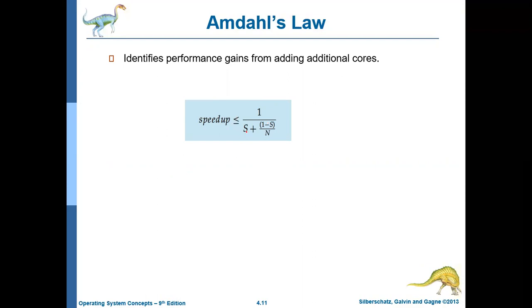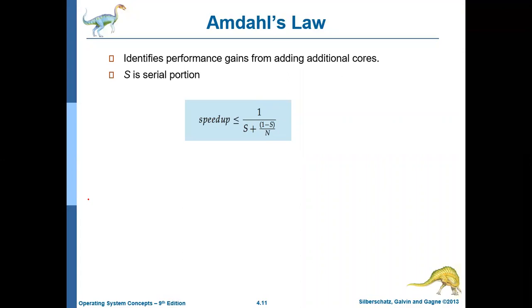Here there are some variables, S and N. So what is S and what is N? S represents the fraction or the percentage of serial operation. In a system, when a process is running, it may have two types of tasks: the set of tasks that can be done in parallel and the set of tasks that should be done serially.